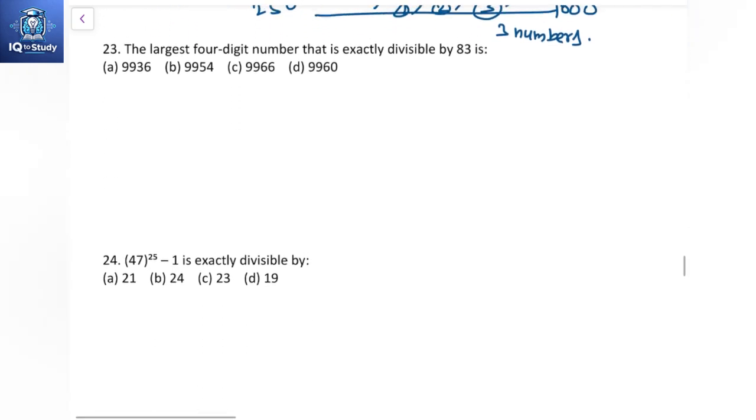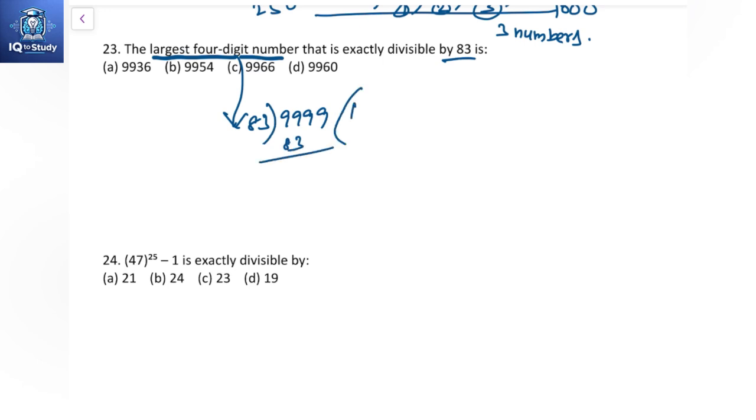The largest 4-digit number that is exactly divisible by 83 is... The largest 4-digit number is 9999. When divided by 83, it gives 39 as remainder.